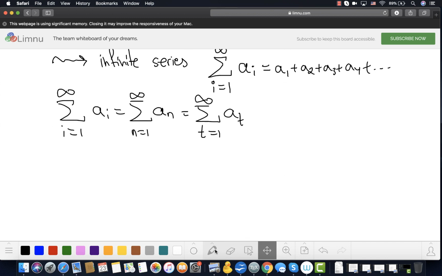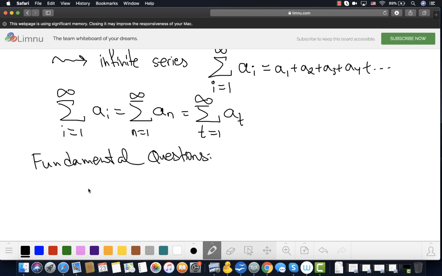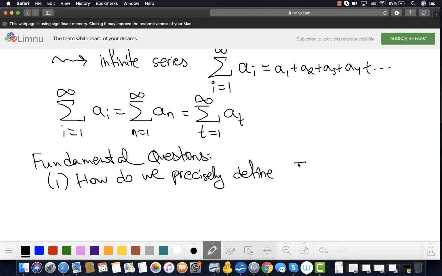So let me write down these two fundamental questions. So the first one is, how do we precisely define the sum, i goes from 1 to infinity of a_i?